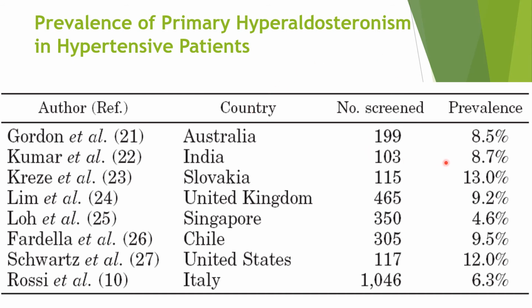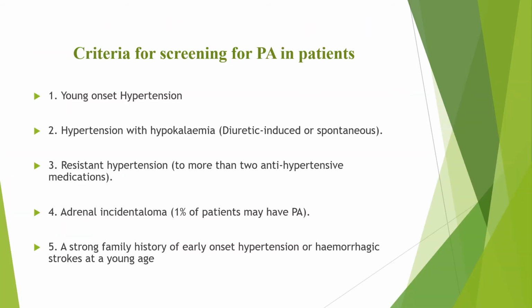In India, its prevalence is around 8.7% in hypertensive population, while in United States it is around 12%. In United Kingdom it is around 9.2%. So quite a high prevalence of primary hyperaldosteronism in hypertensive patients. So the most important cause of secondary hypertension in hypertensive population is primary hyperaldosteronism.